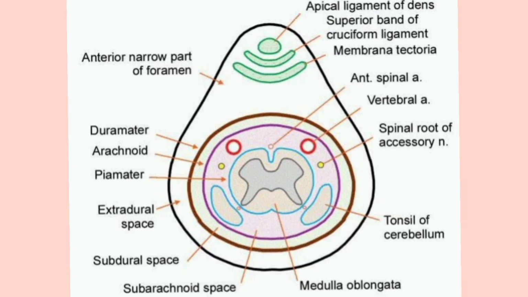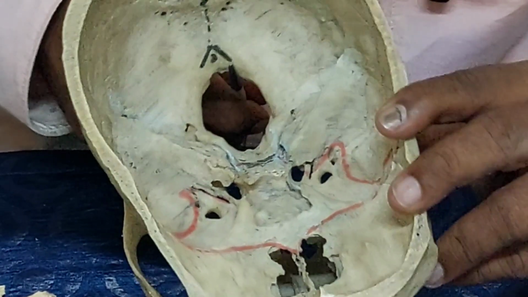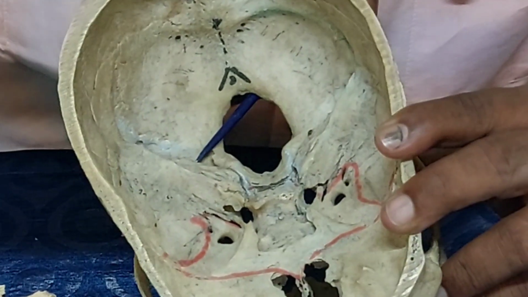And through the posterior compartment, which is wider and also called the neurovascular compartment, the structures passing are the lower end of the medulla oblongata with its meninges, the fourth part of the vertebral artery which is surrounded by the sympathetic plexus of nerves, then the spinal root of the accessory nerve, which comes through this posterior compartment and then passes towards the jugular foramen.